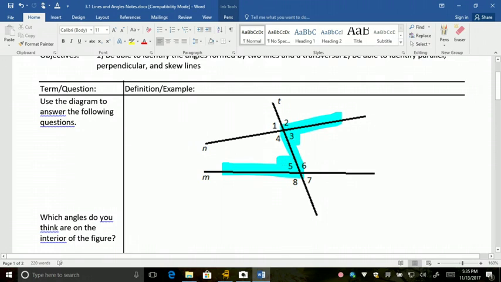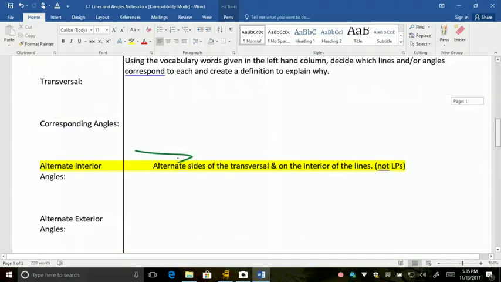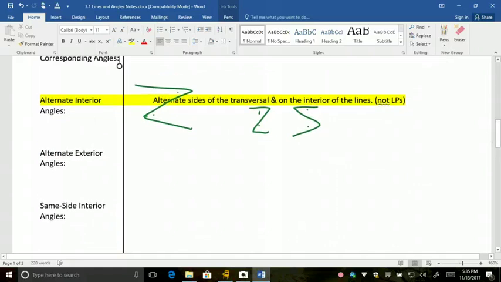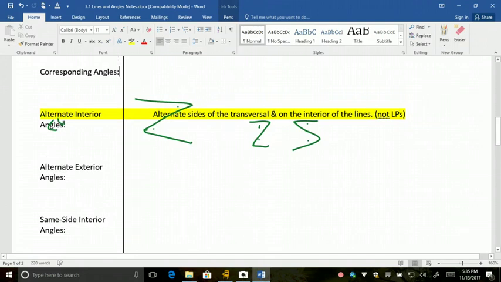Angle 3 and angle 5 are both under that. So we have 4 and 6 and 3 and 5.